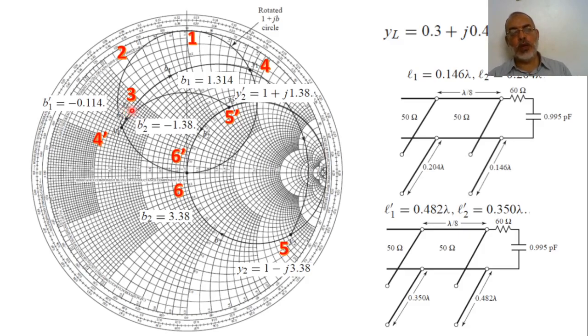Now according to Y load, which is 0.3 plus j0.4, we can add jB1 until we intersect with the rotated 1 plus jB circle at the point Y1. Or we can add minus jB1 dash until we intersect with the rotated 1 plus jB circle at the point Y1 dash.